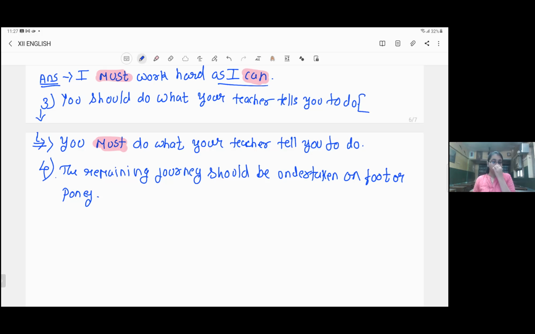I have given the modal here already, should. Should is showing the advice. Right?